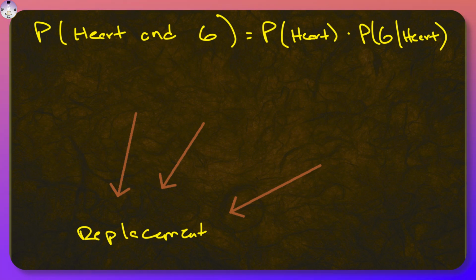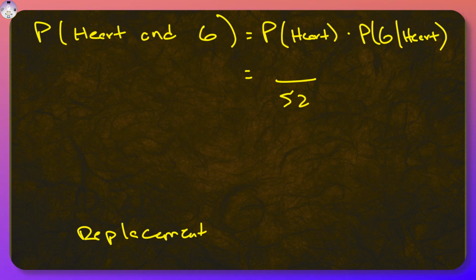Let's map that out mathematically. Probability of drawing a heart: there are 52 cards, and there are 13 hearts, times the probability of drawing a 6 given that a heart was already drawn.